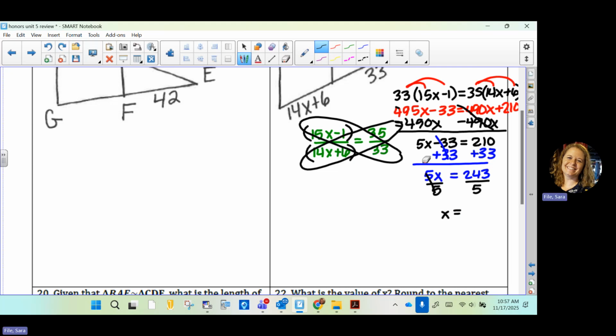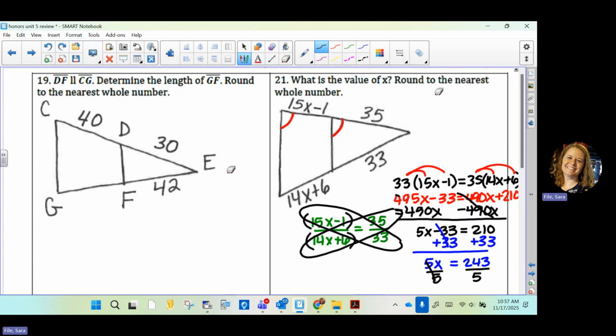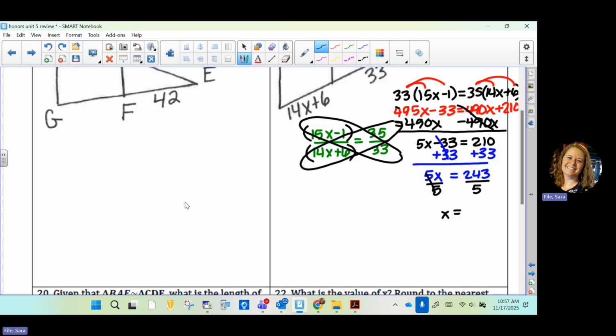And it did say to round to the nearest whole number. So 243 divided by 5 is 48.6. So what should I round that to? When you have the equal sign but squiggly, that means approximately.